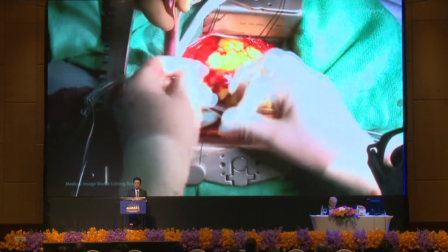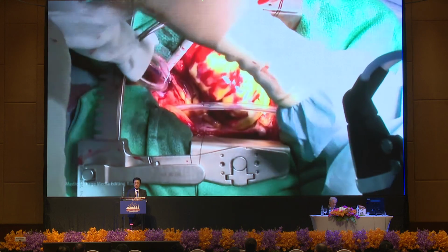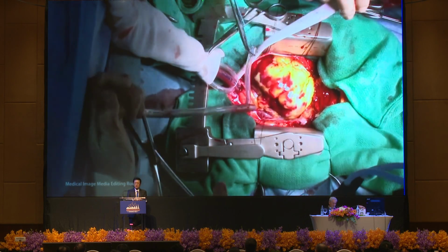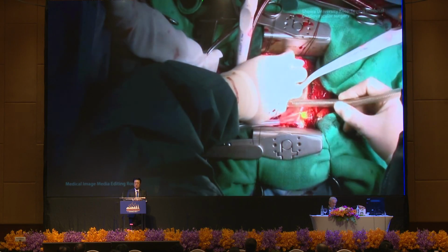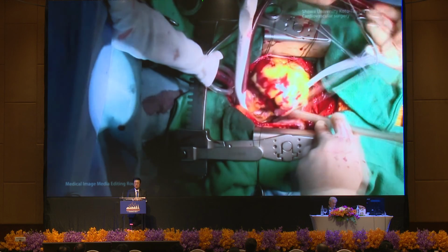Even with the patient on the VA bypass, it's not enough to resuscitate the patient. The aortic cannulation and then the two venous cannulations to SVC and IVC. You can see the heart is just shocking.